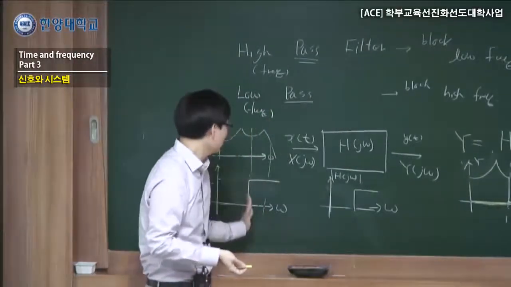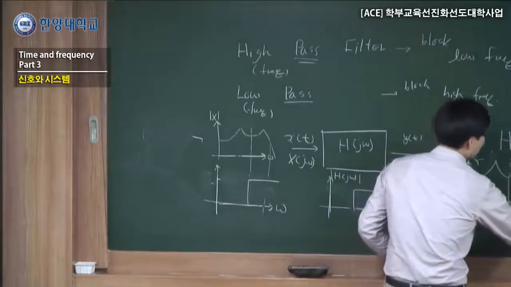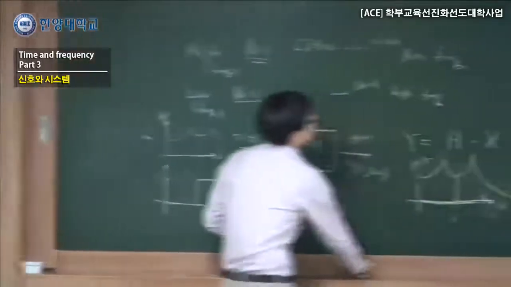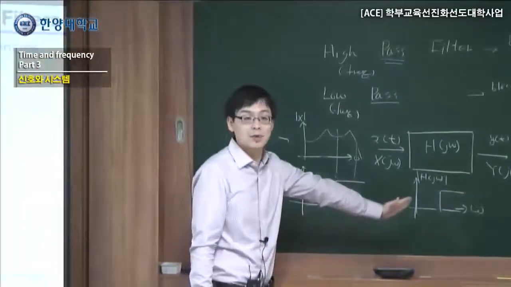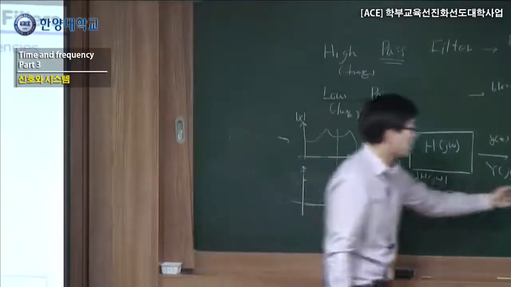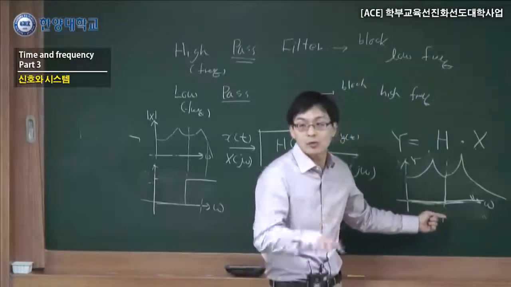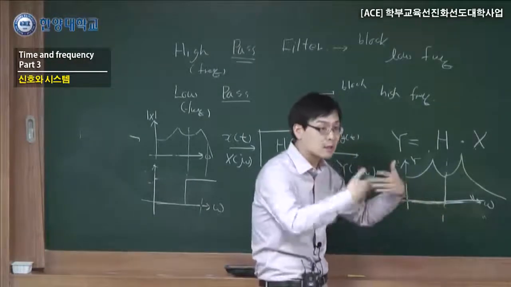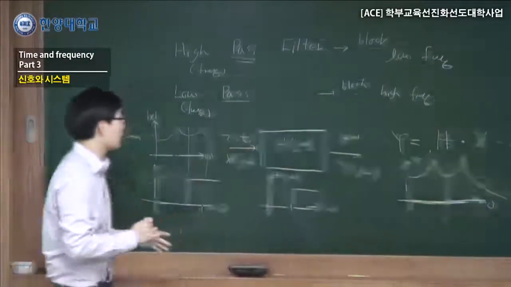And from here to higher frequency, they will look like this, right? So if you see this yellow one, which is using the high pass filter, that means they do not pass the low frequency component, they block the low frequency component, and pass the high frequency component. That's what we are talking about here.